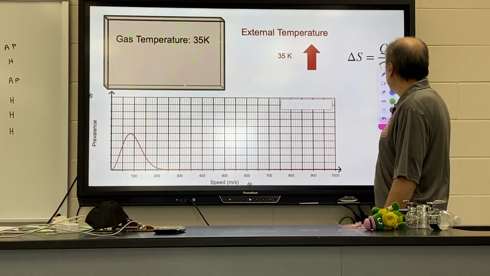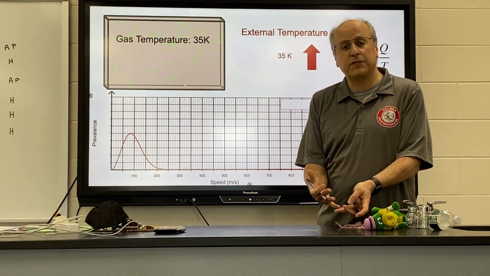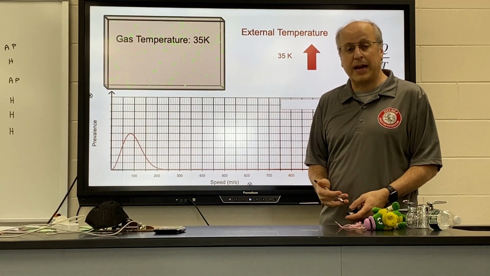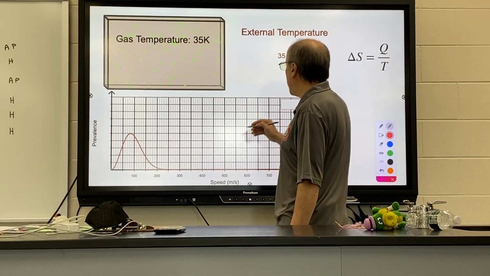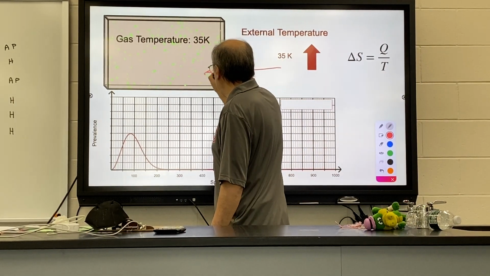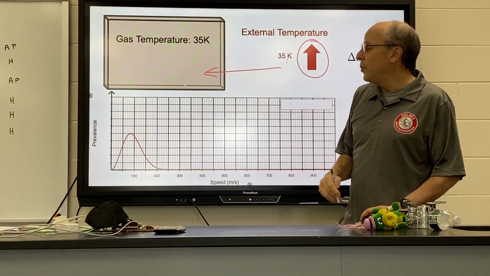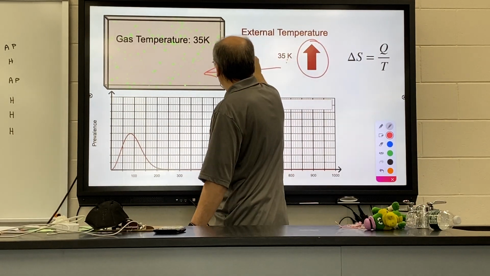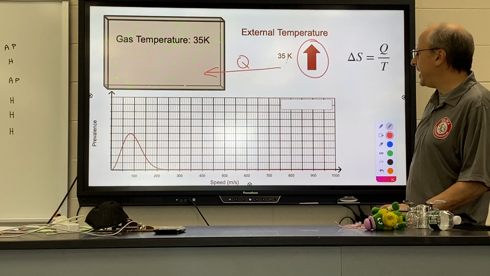The next thing we want to look at is an extremely important idea: what if we have a box full of molecules moving around, and we either add heat or remove heat from the box? In this case, we're going to add heat. So we're going to raise the temperature of the environment. When we raise the temperature of the environment, heat is going to go into the box and make the particles start moving faster.